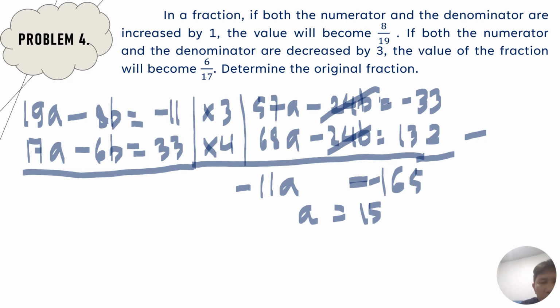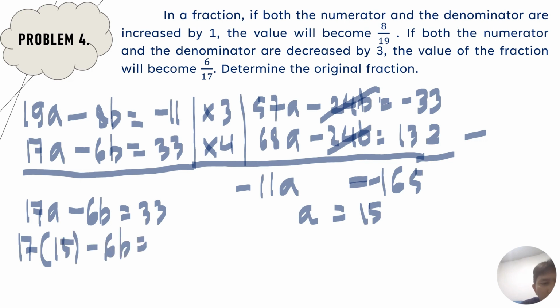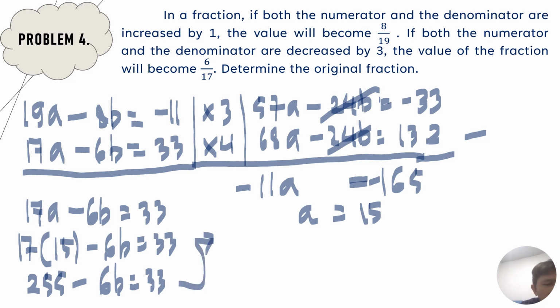After that, we're going to pick one of the equations. I'm going to use 17A minus 6B equals 33, and 17 times 15 minus 6B equals 33. Then here we have 255 minus 6B equals 33. Then minus 33, so 222 equals 6B.